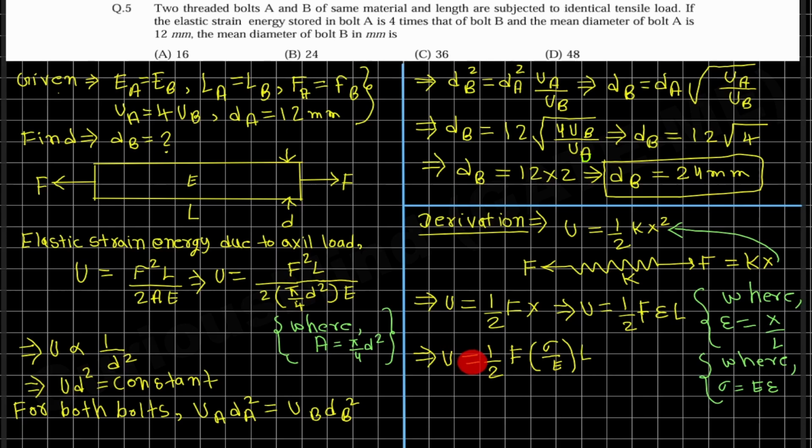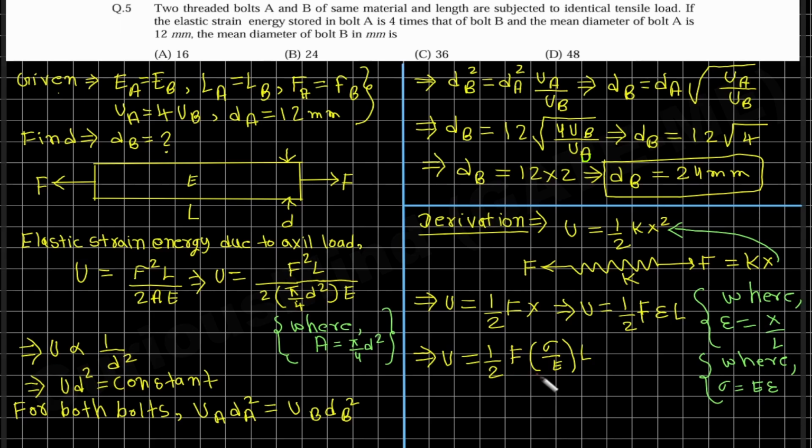There we have it: U is equal to half F sigma upon E times L. So we replaced epsilon with sigma divided by E, where E is the constant, the elastic modulus.